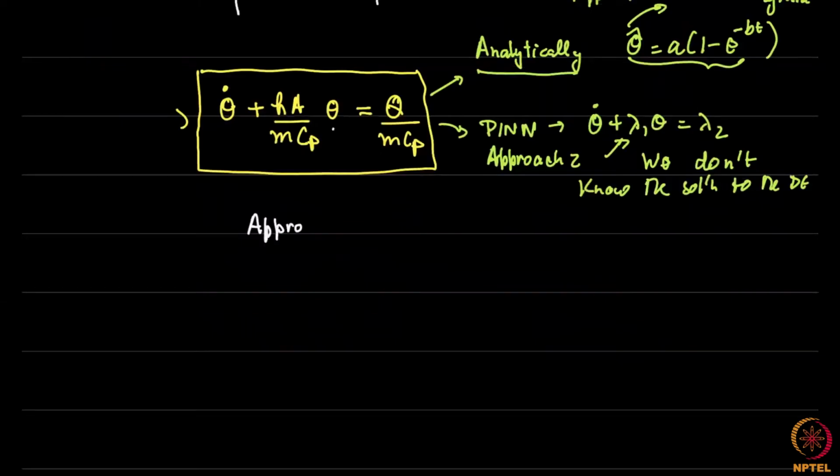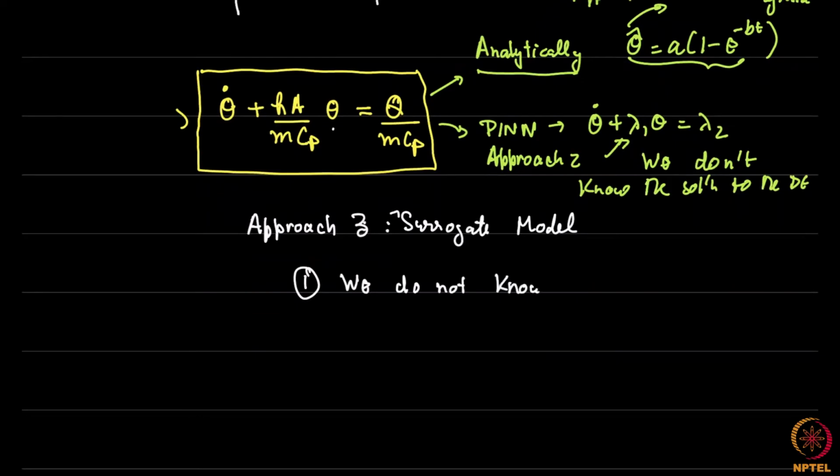which is what we call the surrogate model approach. Now, how does this work? The surrogate model approach is useful in the following cases. We do not know the differential equation itself.